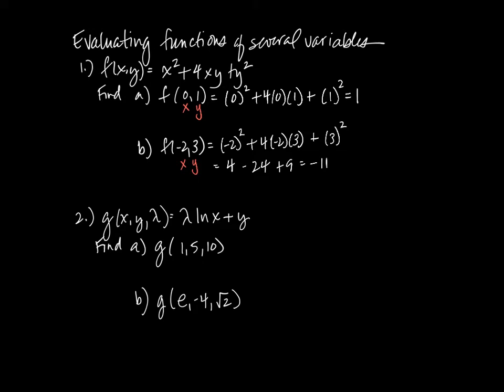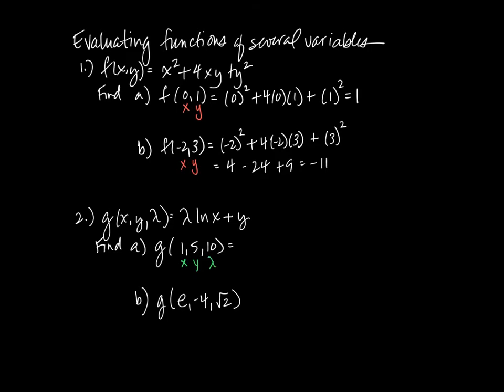This next function is a function of three variables, x, y, and lambda, and we're going to evaluate the function lambda times ln of x plus y when lambda is 10, x is 1, and y is 5. So we want to make sure that we're evaluating this correctly. This is x, this is y, and this is lambda.